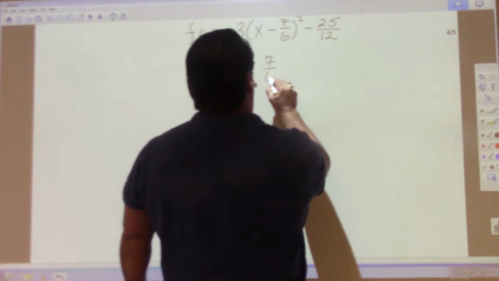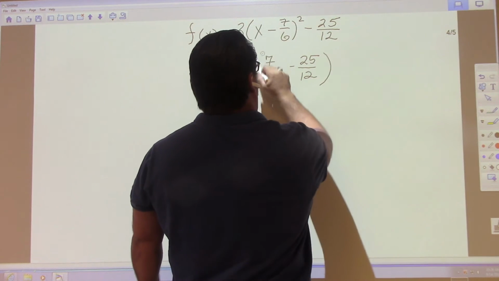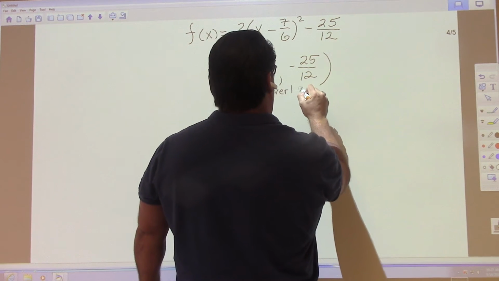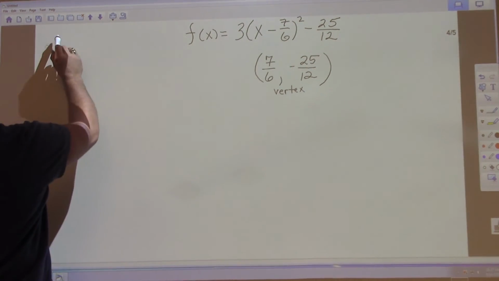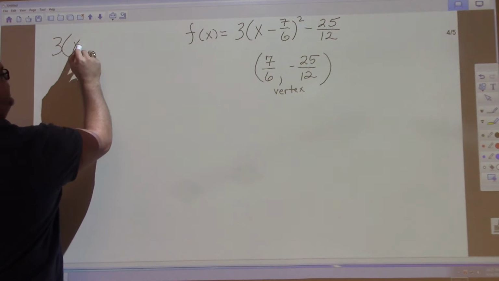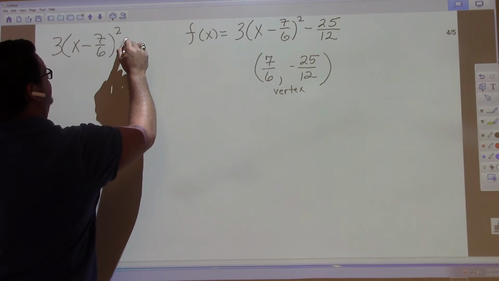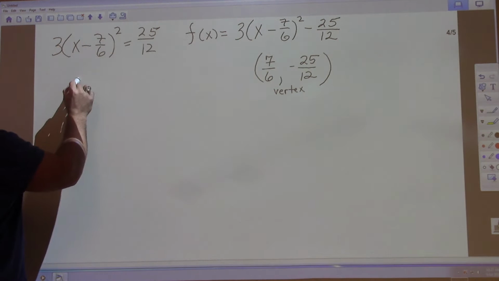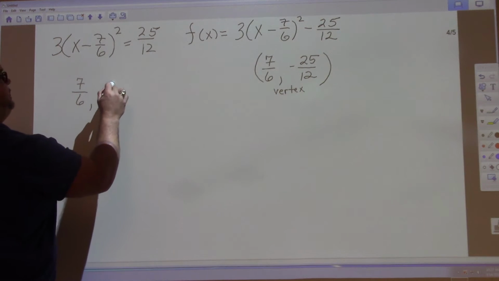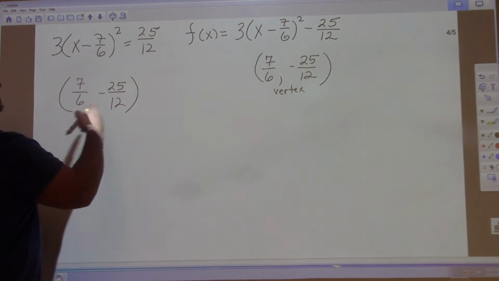So your vertex is 7/6 and negative 25 over 12. And if you just wanted to write it, 3 times x minus 7/6 quantity squared equals 25/12, then you just take the opposite of both, 7/6 and negative 25/12, and you get the same vertex as if you did it over there.